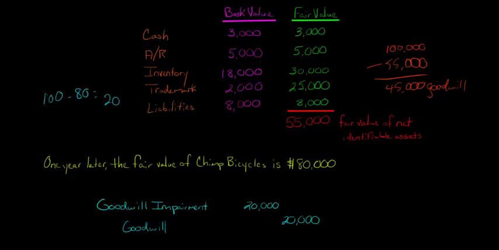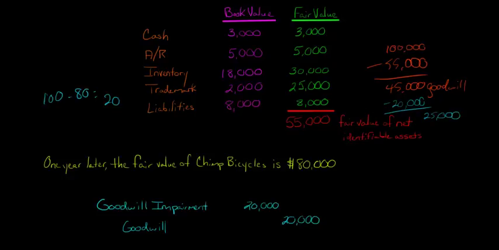It's going to reduce net income. So we're going to debit goodwill impairment for $20,000, and then we're going to credit goodwill for $20,000. Now, if you remember, we had goodwill on our balance sheet for $45,000 after we made that acquisition. So now we're going to subtract $20,000, and now we have a new value of goodwill of $25,000.